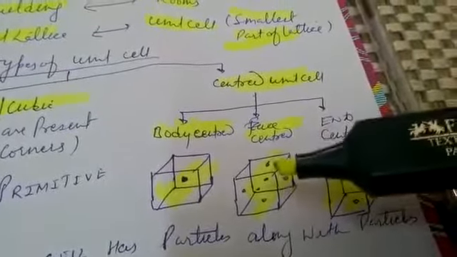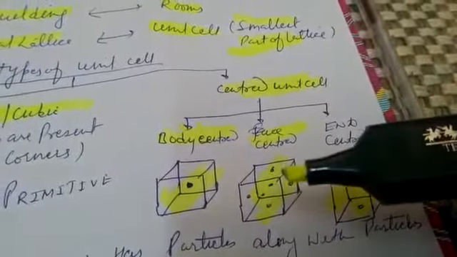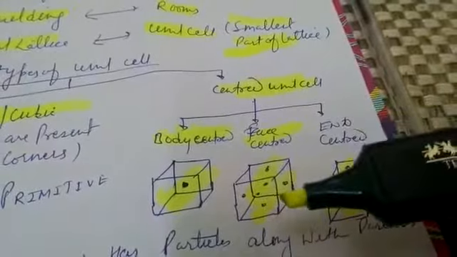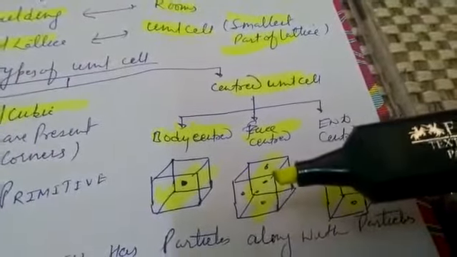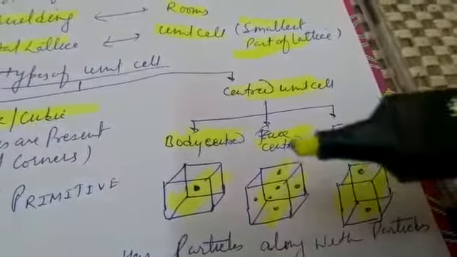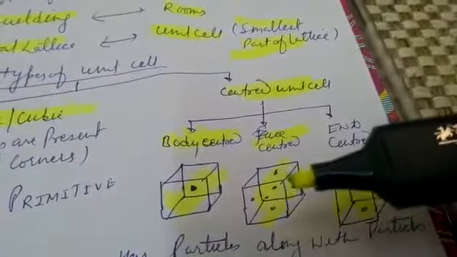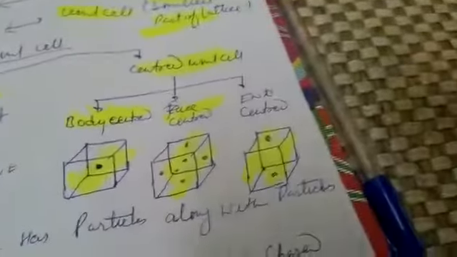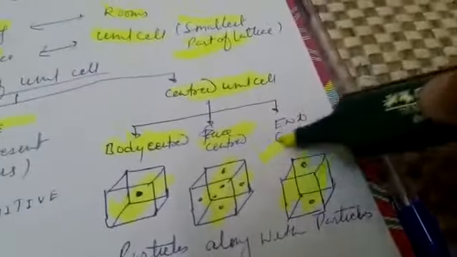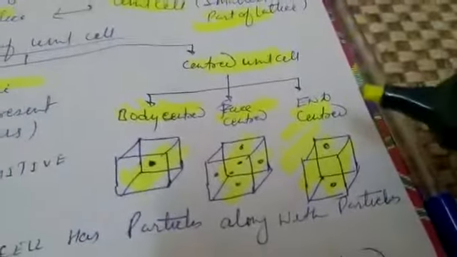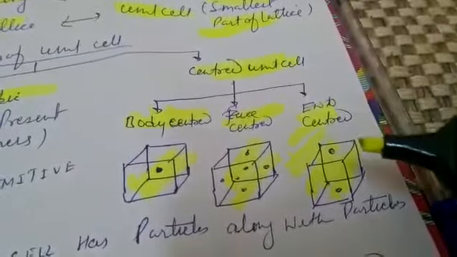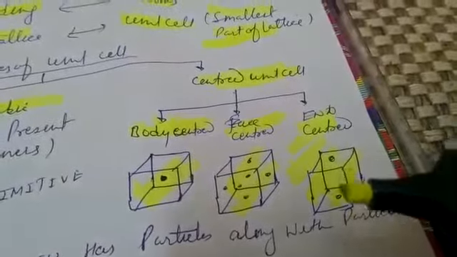It is the cell which contains particles at the center of each face along with particles at the corners. The third is the end-centered unit cell. The unit cell which contains particles at the center of two opposite faces.